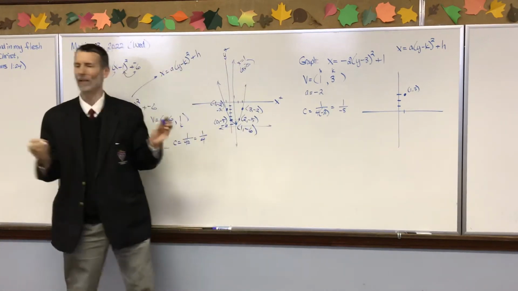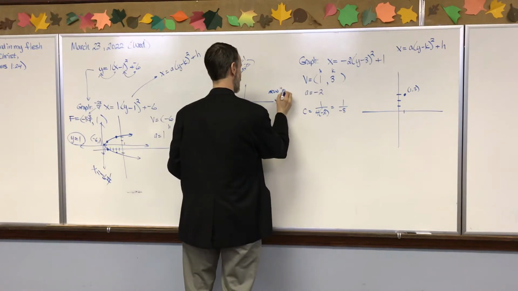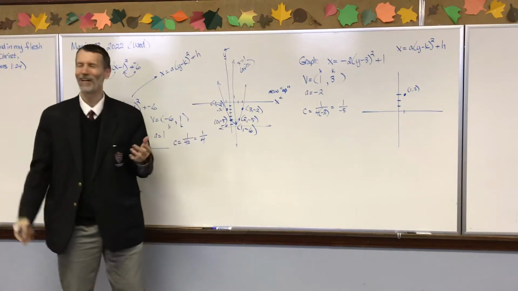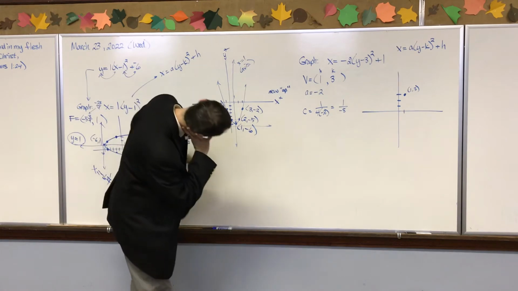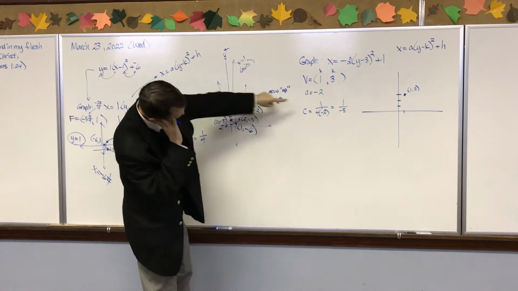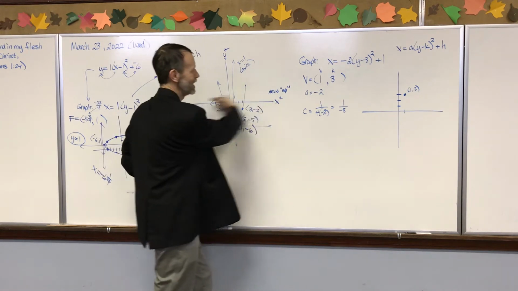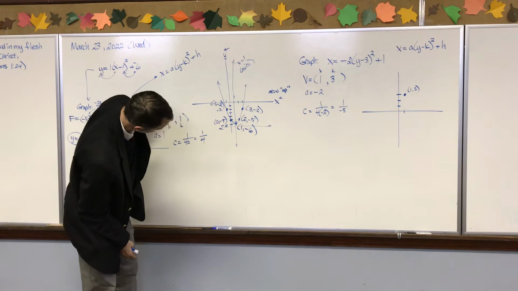That's the new up. But if you're looking at this, this is positive up, and this would be down. So I'm looking at this, the parabola is going to be going down like that.